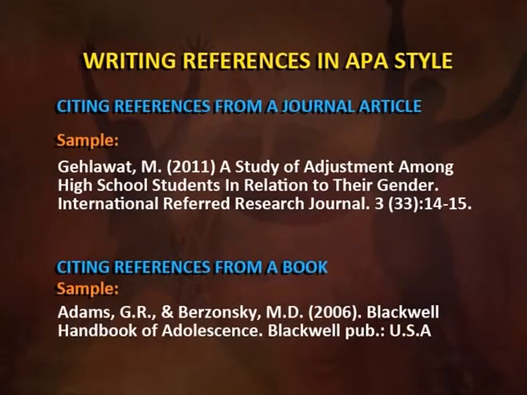Now, references cannot be written in any arbitrary manner, and since we are students of psychology, it becomes mandatory for us to follow the patterns of references put forward in the publication manual of the American Psychological Association. If you have a look at the slide, you will see a sample of the pattern of referencing that is put forward by the American Psychological Association.